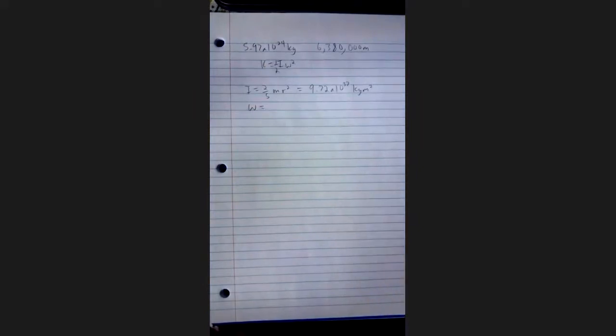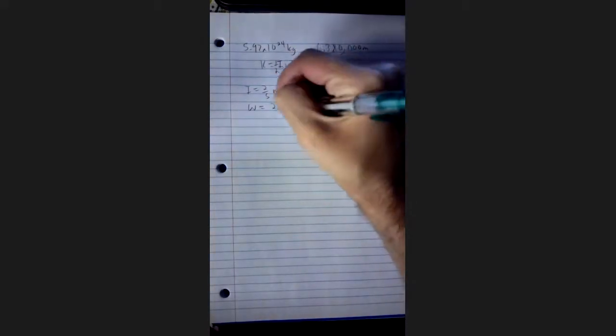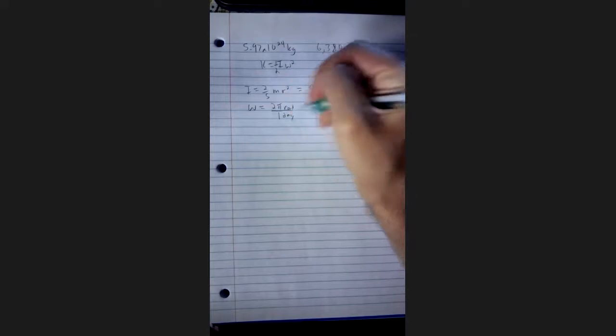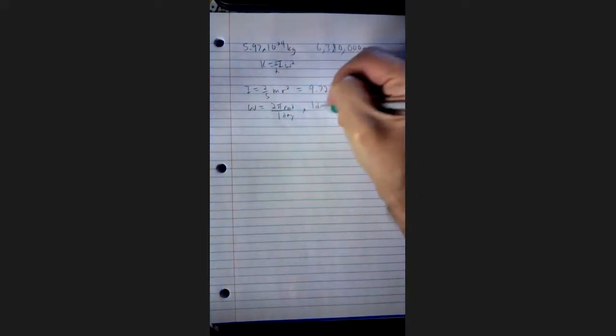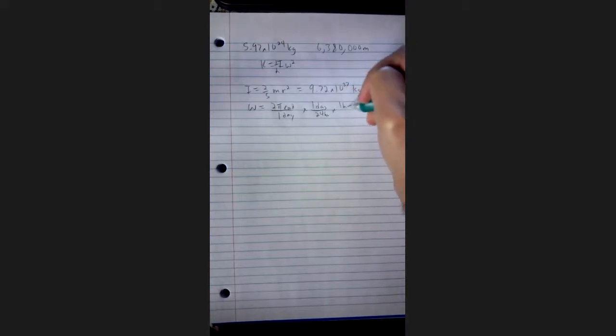We're after the rotational kinetic energy. So we need to find the angular velocity of the Earth. Well, the Earth rotates once per day. So that's 2 pi radians over 1 day. In 1 day, there's 24 hours. In 1 hour, there's 60 minutes.